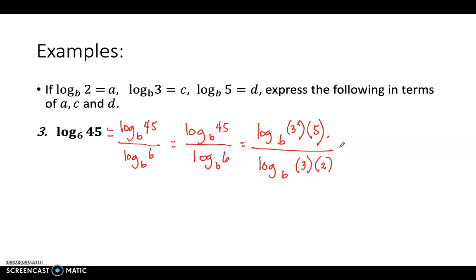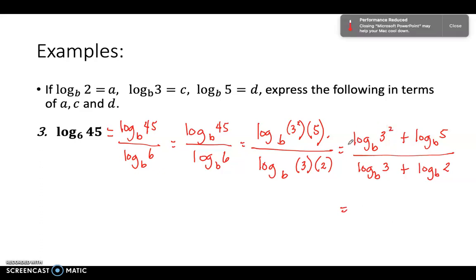So this is simply equal to logarithm of 3 squared base B plus logarithm of 5 base B divided by logarithm of 3 base B plus logarithm of 2 base B. Then, by the property, we can put the exponent of 3 squared as the coefficient of this logarithm.